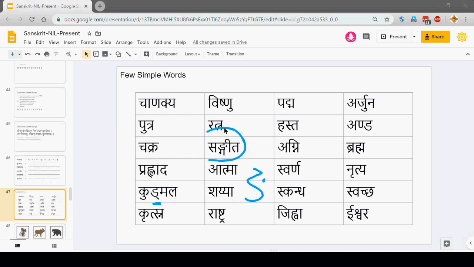The one written here has a dot, and here there is no dot. If there is a dot, then the pronunciation is nga, Sangeeta. So here there is no nasal sound. This one is da. So it is Kudmala. Kudmala means bud, like an opening flower.